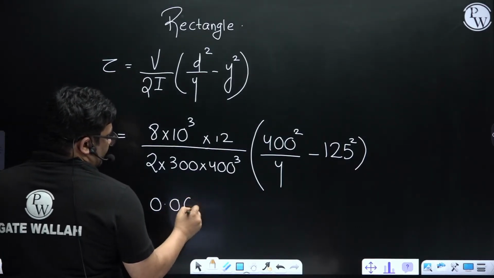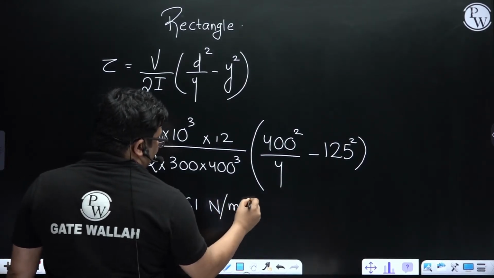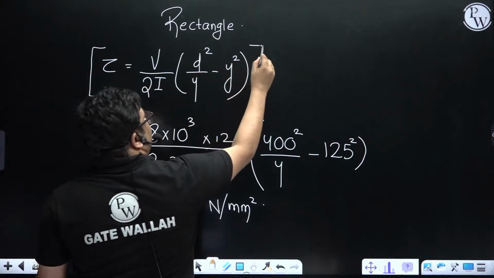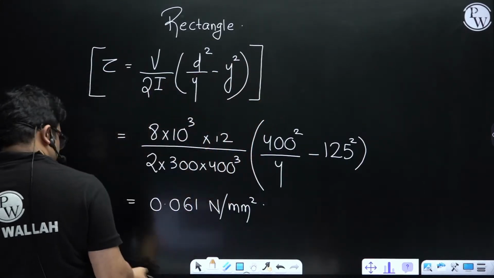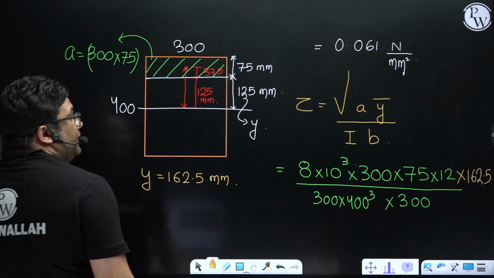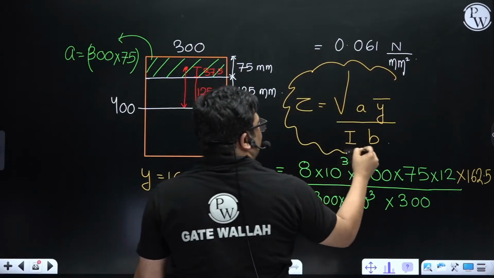So better, if you don't want to remember this equation, it is not required. There is no requirement to remember this equation. You can use the general equation and easily find it out.